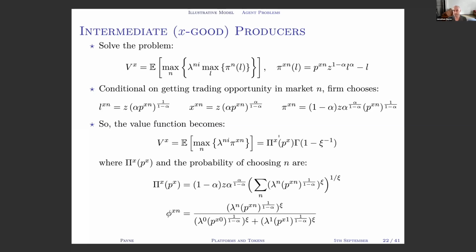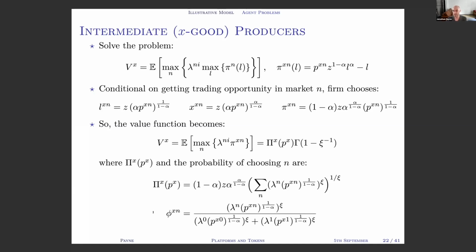This CES aggregator that comes out of the discrete choice problem is the weighted sum, where we raise to the power of psi, which was the parameter in the Frechet distribution, and then to the power of 1 over psi. And we're weighting by the trading rate and by the price on the platform, which are really the two things dictating which platform you want to go to. How quickly can you trade on that platform, and what does the price look like on that platform?